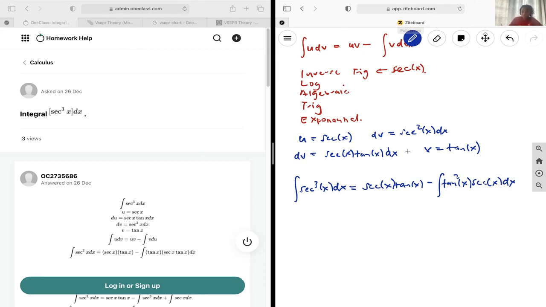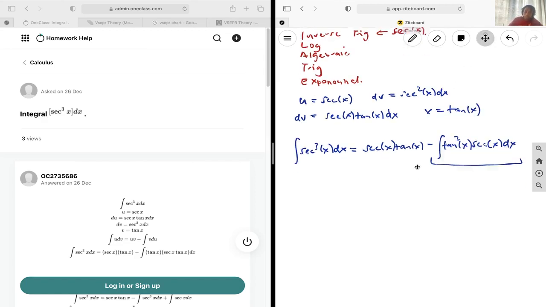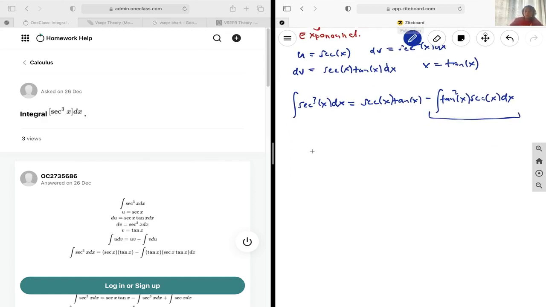Okay, and so again, we will need to figure out how to get this integral. And so let's go about doing that. That tan squared x is going to be equal to secant squared x minus 1. So let's go ahead and put that in here.